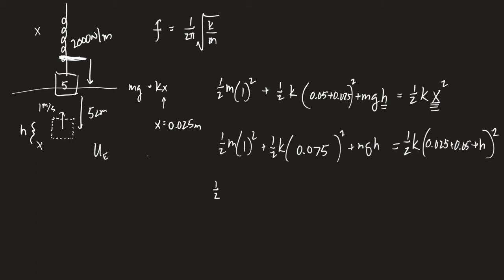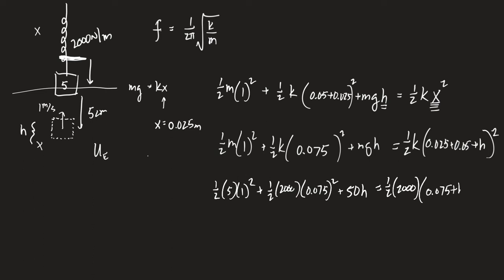This is 1/2 times 5 times 1 squared plus 1/2 times 2,000 times 0.075 squared plus 50h equals 1/2 times 2,000 times 0.075 plus h squared. Boy, that's messy, isn't it?